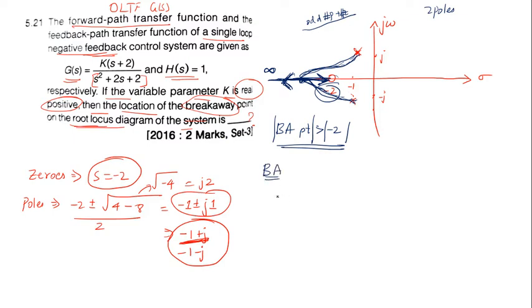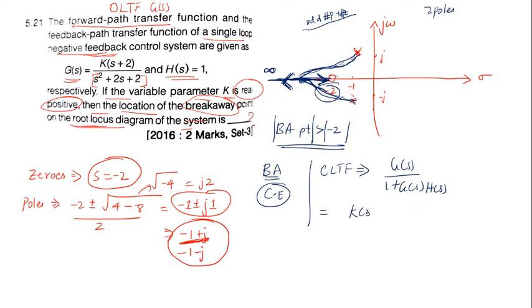We first have to find the characteristic equation. For this, let me first write the closed loop transfer function. It is given by G(s) divided by 1 plus G(s)H(s), and H(s) is 1 here, so we can just take G(s) divided by 1 plus G(s).